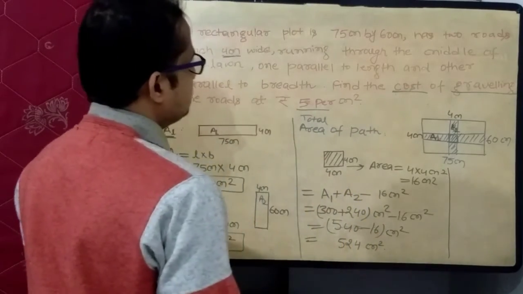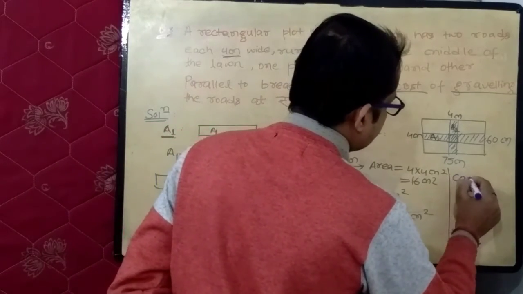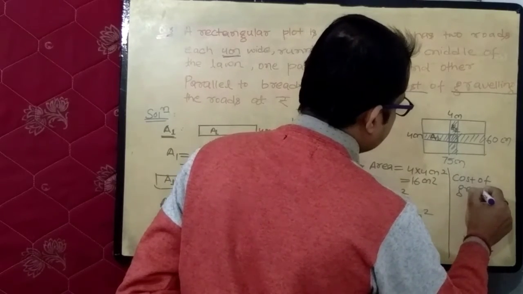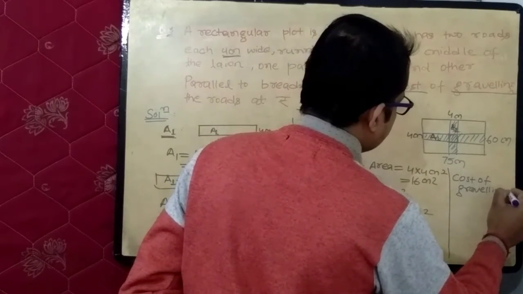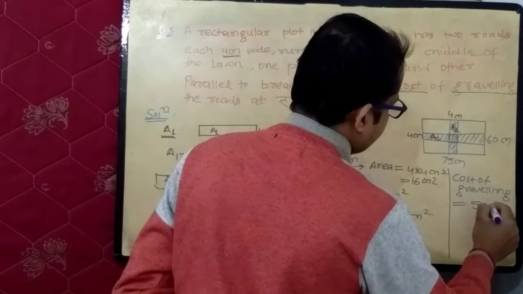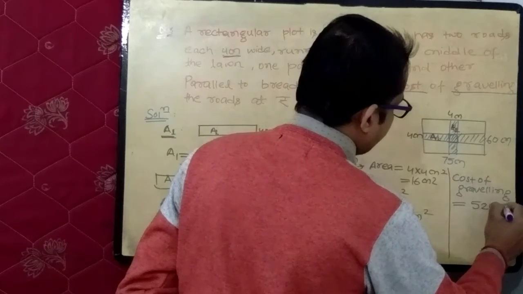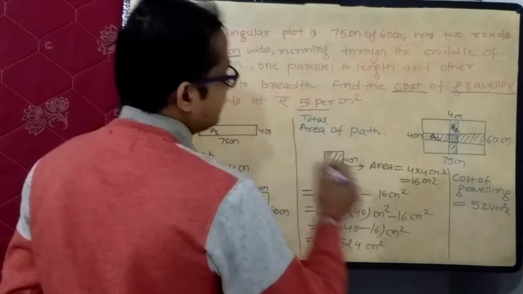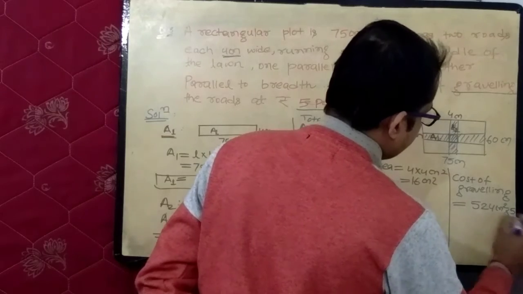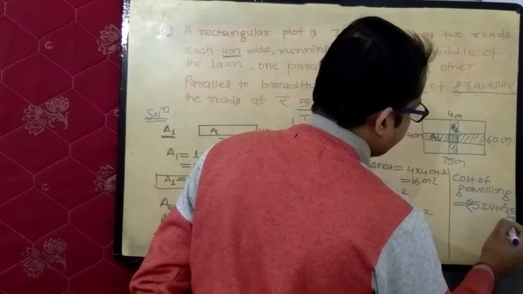Now cost of graveling. Cost of graveling equals to what? 524 meter square multiply 5 per meter square. This will be in rupees.